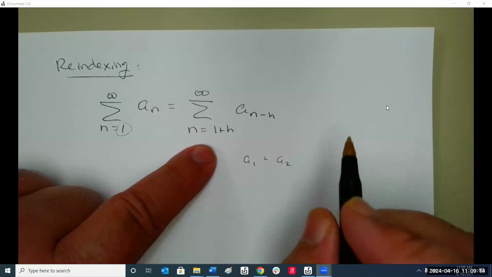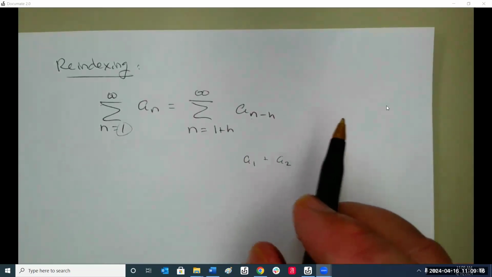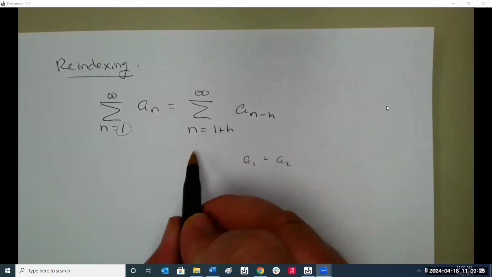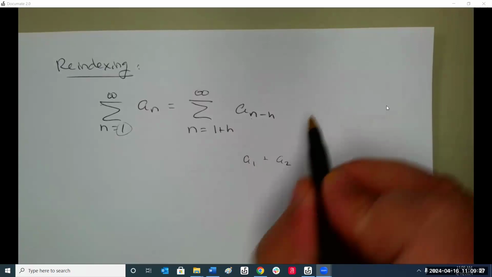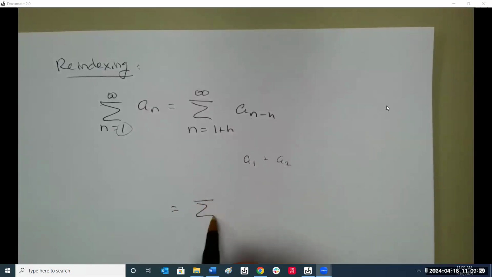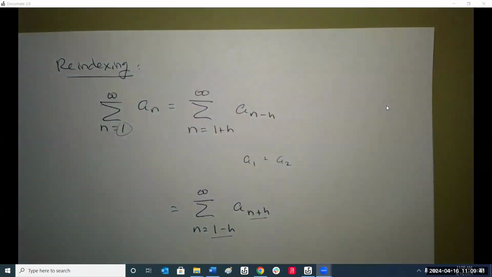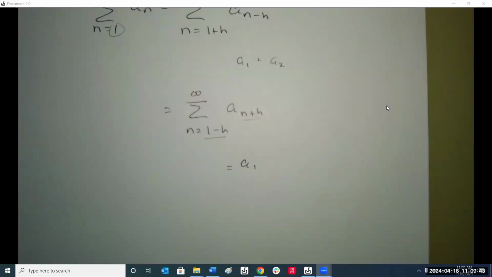The next one has to be a sub 2. Or if we did summation of n equals 1 minus h, then this would be n plus h, because again, this plus this has to give us a sub 1. So that's the indexing. It's not going to change anything.